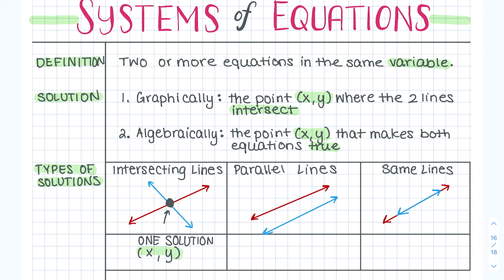Okay? When it's parallel lines, these lines never touch. So there is no solution here. They are never going to touch each other. And the symbol that we use for no solution, it's kind of like this 0 with a line that goes across. So this is what you would write if you have parallel lines.